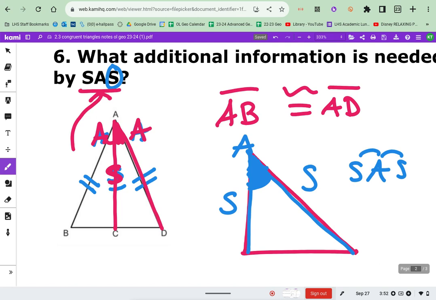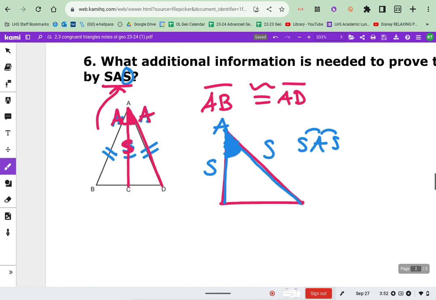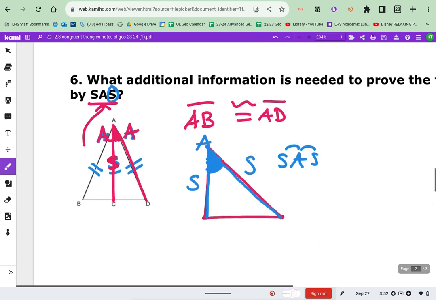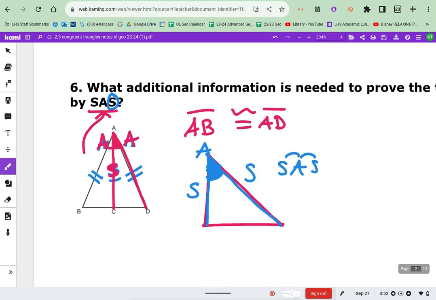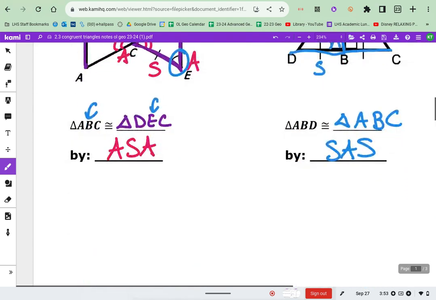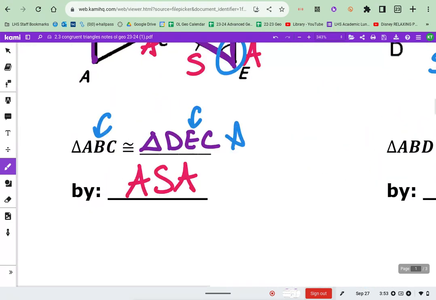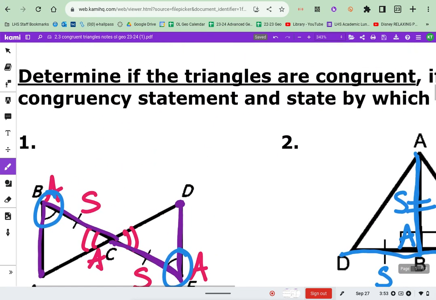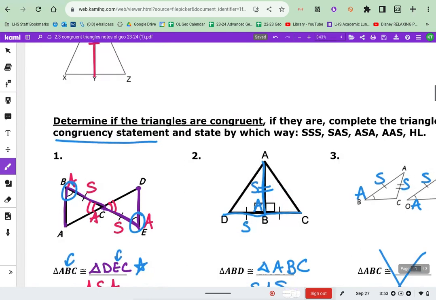I have a question. Yes. AB, how do you know when you're supposed to write it like that and not write it like this? Good question. We wrote it like here because we were asked to write a congruency statement for the triangles.